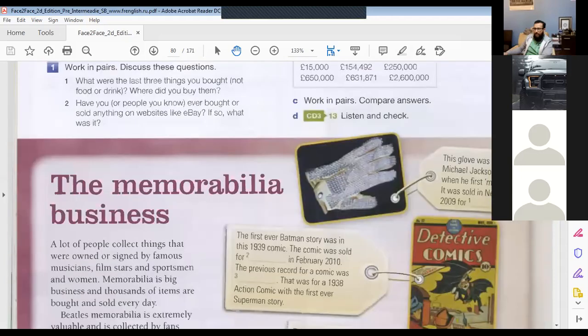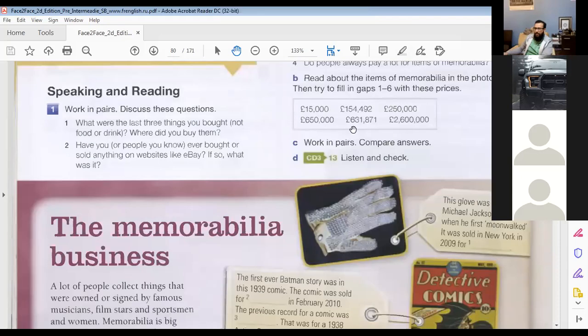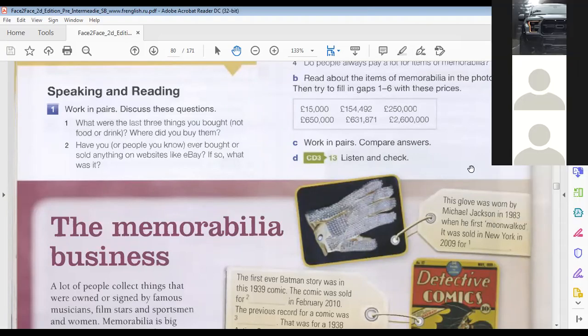Now I want you to guess. Let's start with Michael Jackson's glove. How much do you think it sold for? What's your guess? What do you think, Rashid? How much did it cost? Any guesses? Selma, maybe you can make a guess.